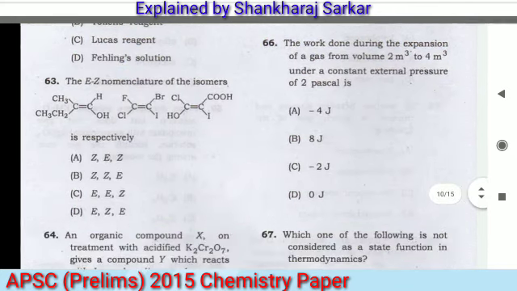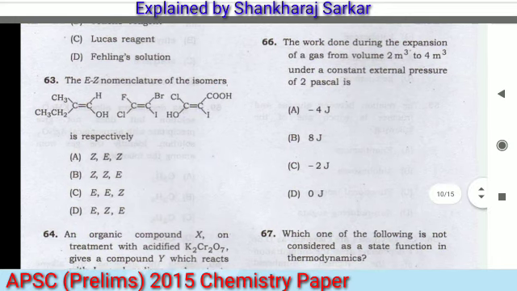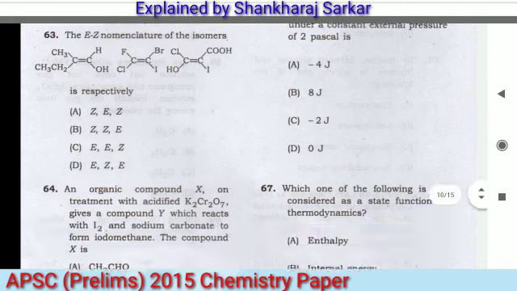Next question, the work done during the expansion of a gas from volume 2 meter cube to 4 meter cube under a constant external pressure of 2 Pascal is. So we know that the formula of work done is W is equal to minus P dV. So P here is 2 and dV means change of volume, which is 4 minus 2, which is also 2. So here the answer will be minus 4. So option A is correct.